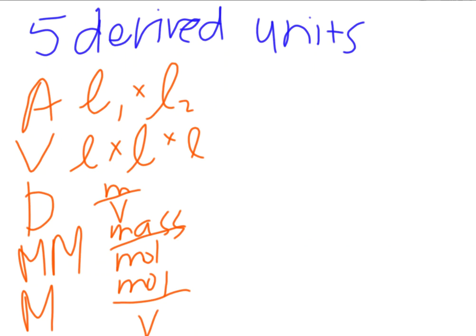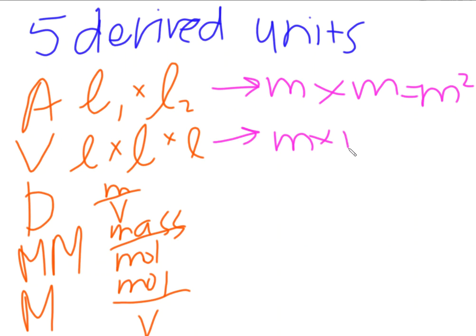Now, the derived units for each of these come from different places. So for area, it is going to be m times m equals m squared. Then for volume, it's going to be m times m times m equals m cubed.